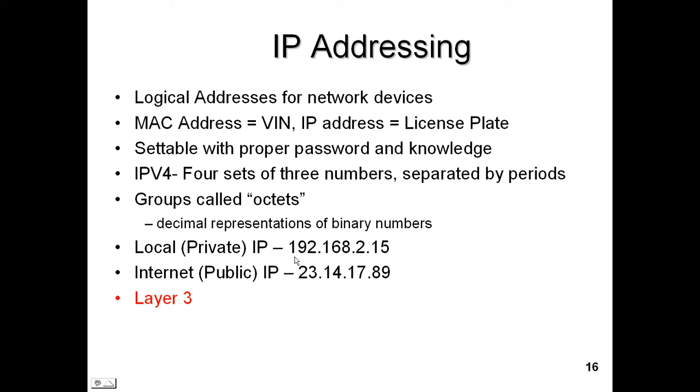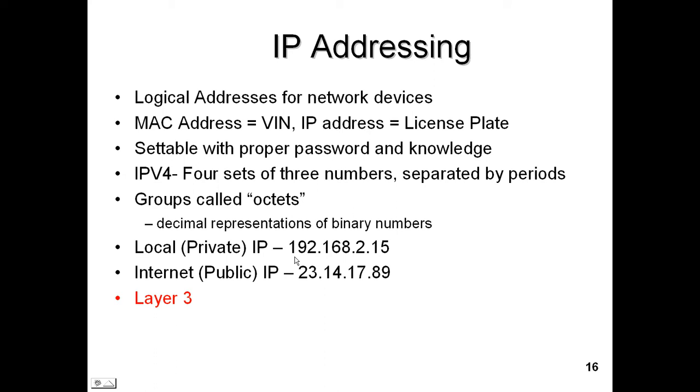But if you ipconfig each computer, it's going to come up with a different local address. But if you did the whatismyip.com trick on Internet Explorer, it comes up with the same public address because they're all going through the same DSL adapter. So every device on a local network must have a local address.